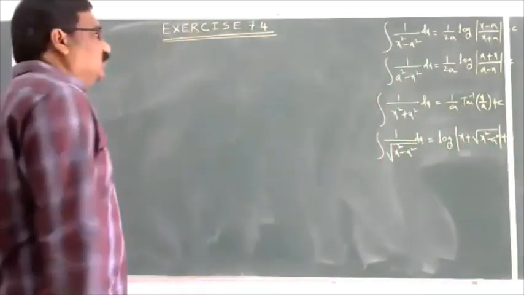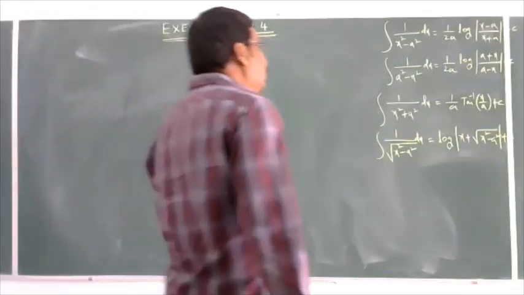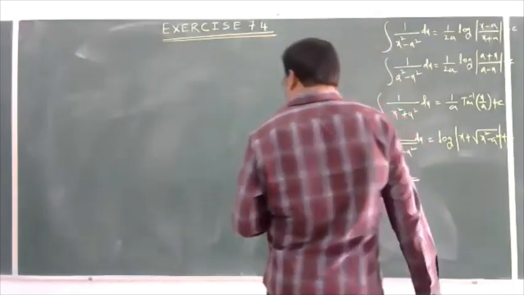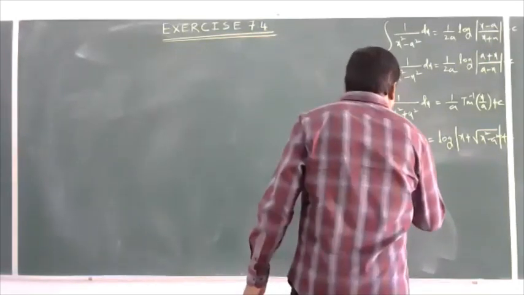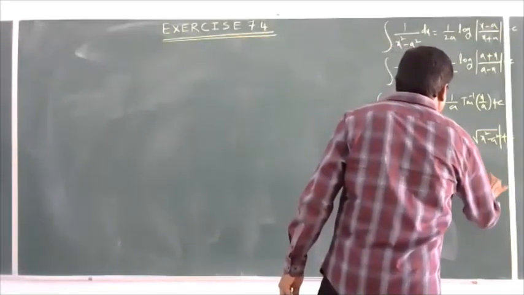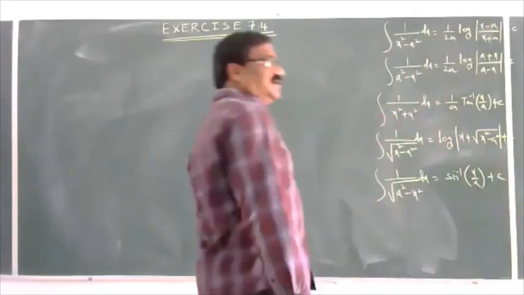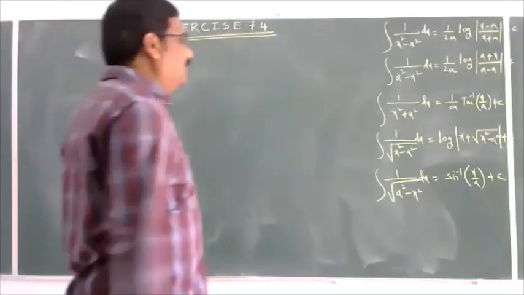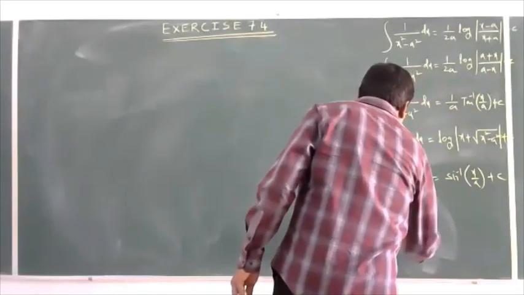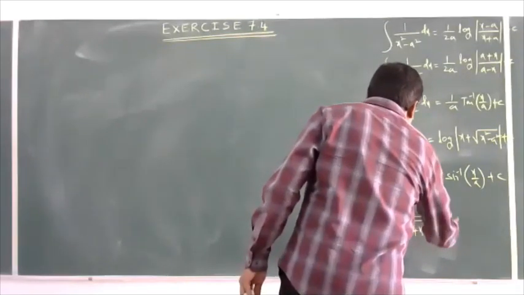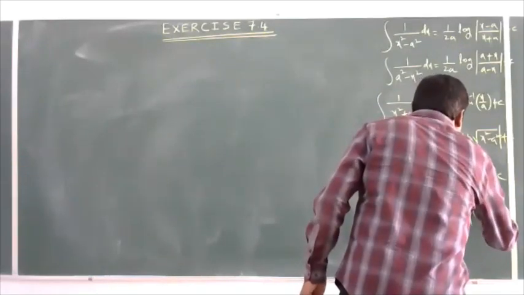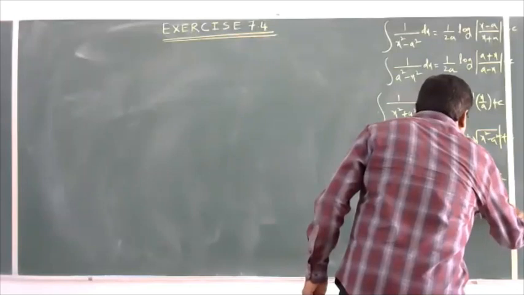Fifth formula, integral 1 by root of a square minus x square dx is equal to sin inverse x by a plus c. Sixth formula, integral 1 by root of a square plus x square dx is equal to log mod x plus root of x square plus a square plus c.